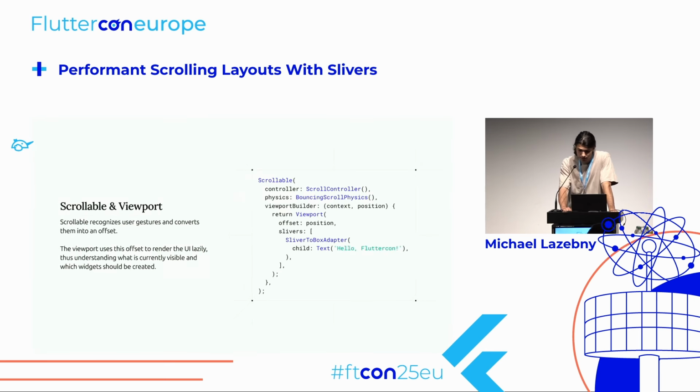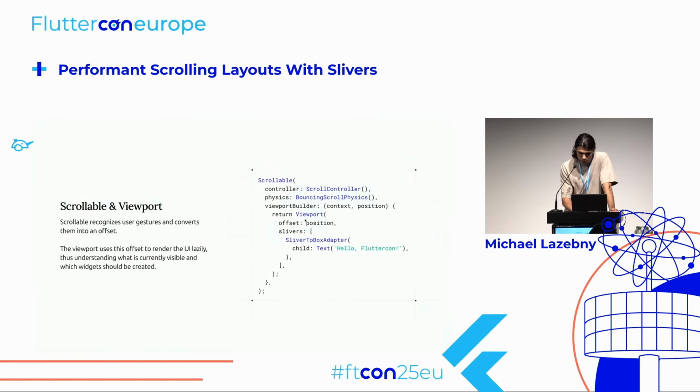So in Flutter, there are two components that implement these things: the scrollable and the viewport. And usually you don't work with them often because there is no need. But the scrollable exactly makes it possible to recognize those user gestures like swipes, mouse, trackpad, and so on, and convert them into some offset.